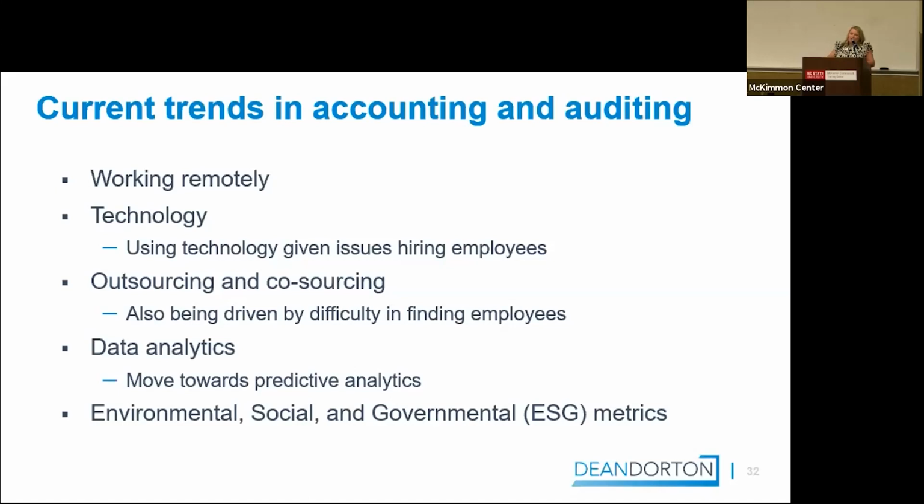But in this case, we're talking about using technology, given the issues hiring employees. So how are you employing tools you already have to take less human hours? The data analytics, those types of technologies. Outsourcing and co-sourcing. In Kentucky, we have a big pension issue in the public universities. But even your private institutions, how are you working smarter, not harder, given the difficulty of finding employees?